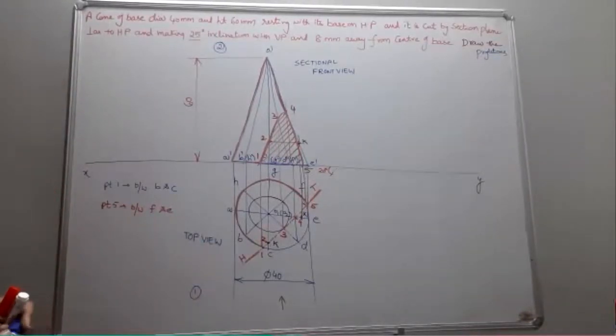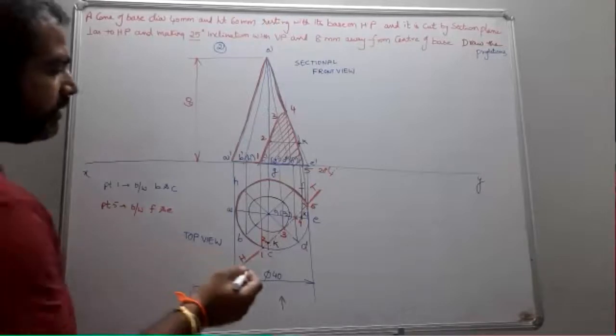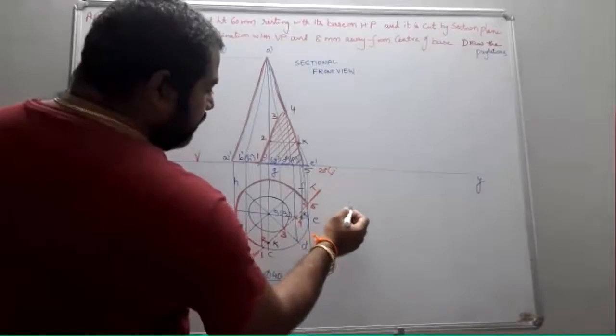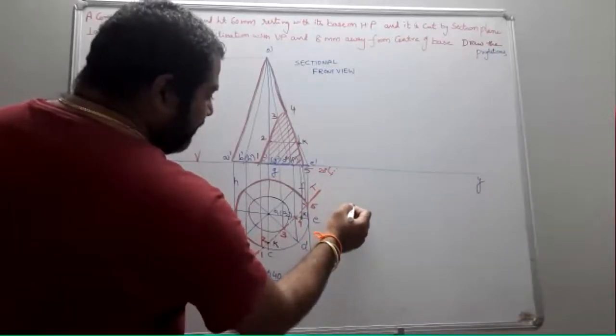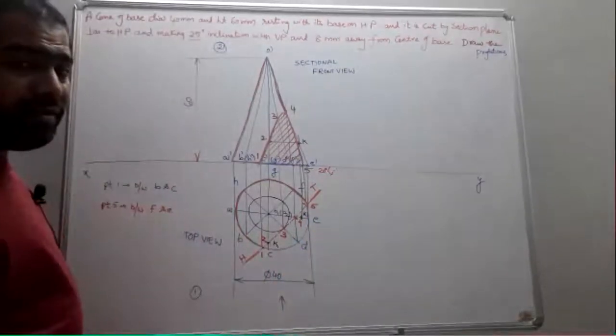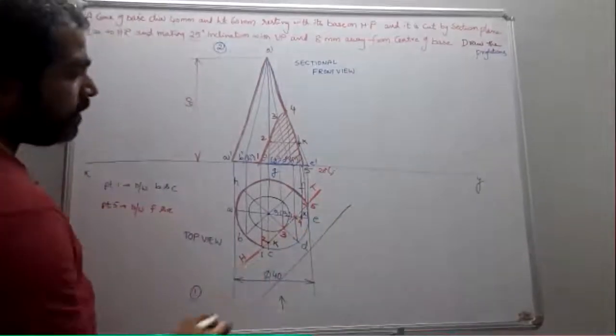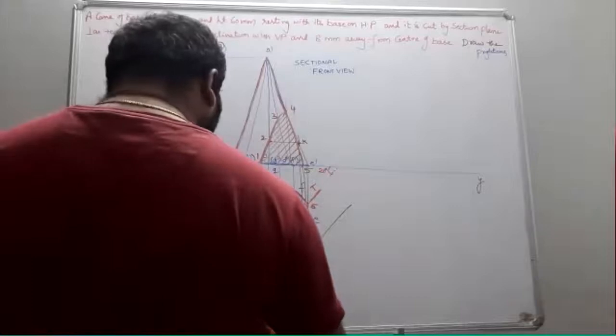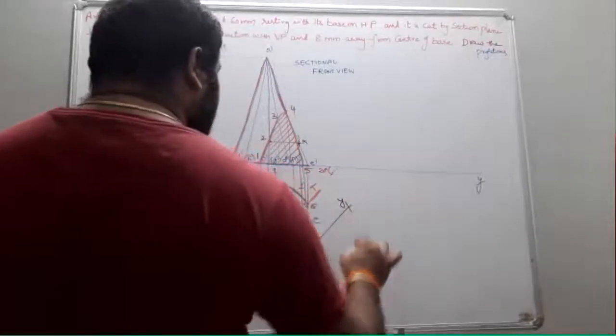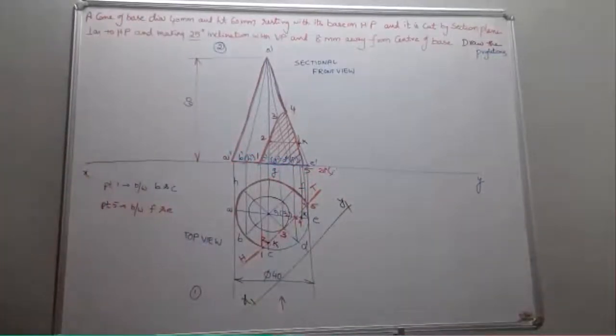Okay. Now how can we obtain our true shape? For the true shape, directly draw a line parallel to your section plane. This becomes your new reference line, x1, y1.